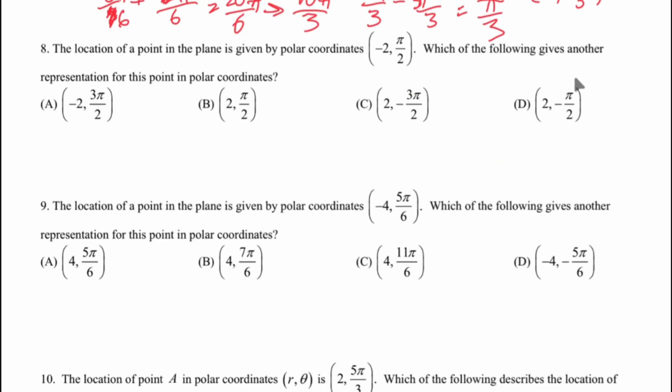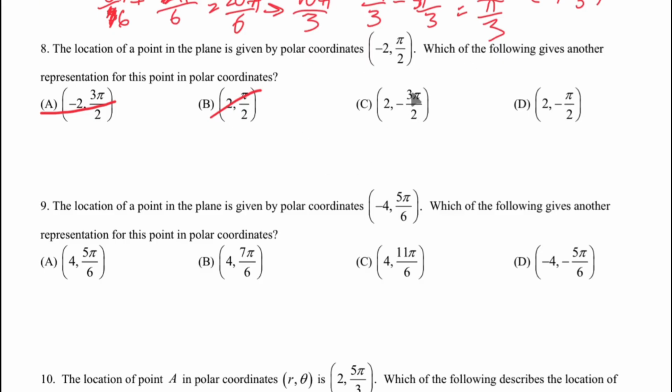Now here we have another one. This one reflects, so it actually ends up being 3 pi over 2. So if we just look at this one right here, it reflects over 3 pi over 2. So this one will land at pi over 2, so it's not A. This one right here is just at pi over 2. We can automatically know that B is not an answer since this reflects and they both have the same angle.